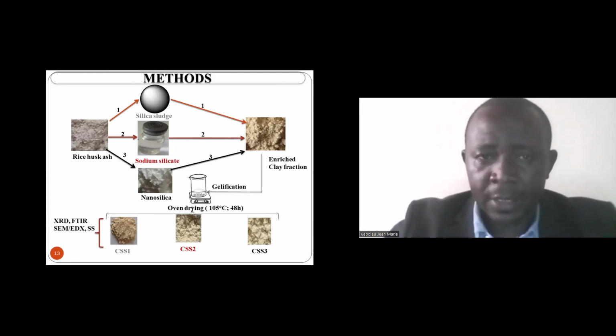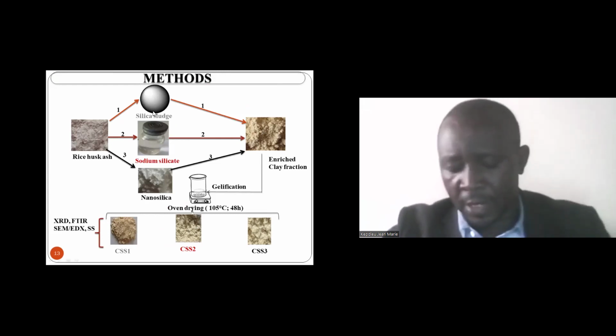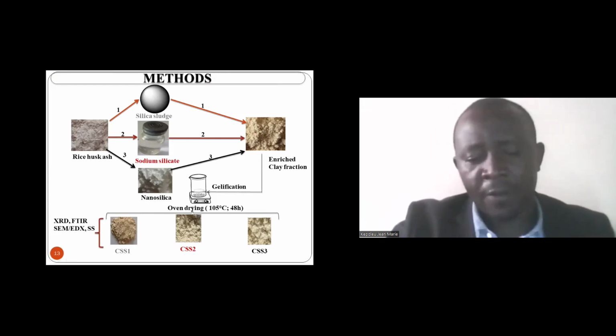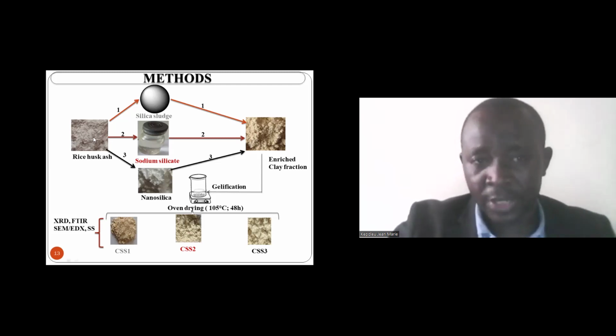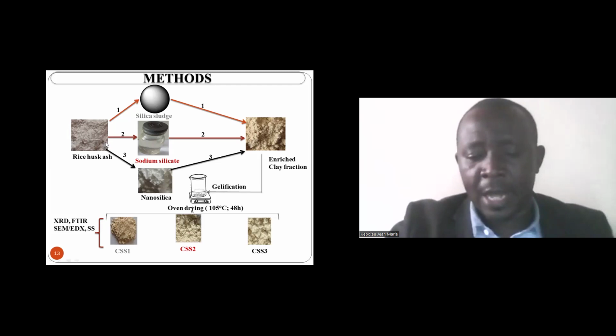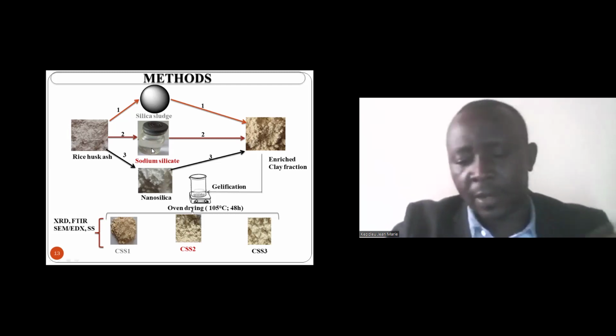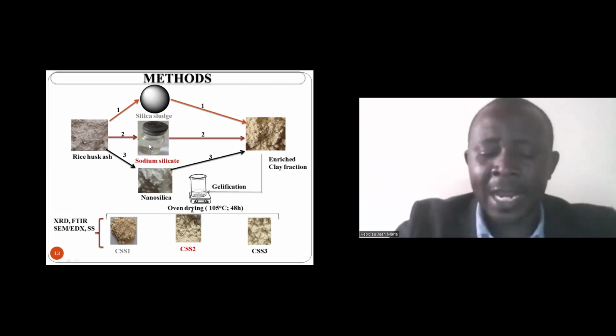In fact, a silica sludge has been prepared from acid treatment of rice husk ash, and the sodium silicate has been obtained by alkaline dissolution of the silica sludge.